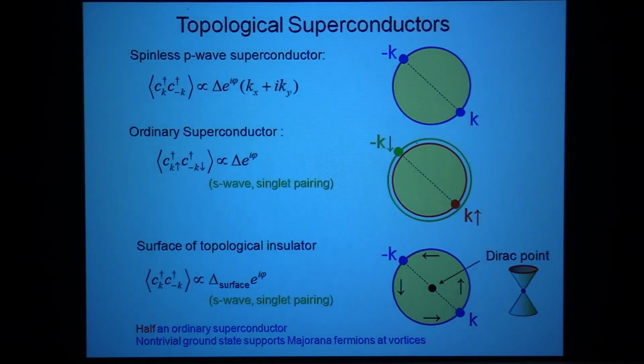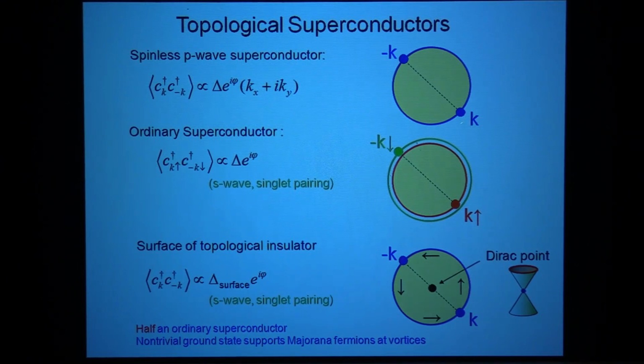So Zahid mentioned this a little bit yesterday, but let me just say that there's something special about the surface of a topological insulator. So let me remind you, the thing that's special about a p plus ip superconductor, a two-dimensional topological superconductor which has the Majorana modes at a vortex, is that you have a Fermi surface, but you have spinless electrons.